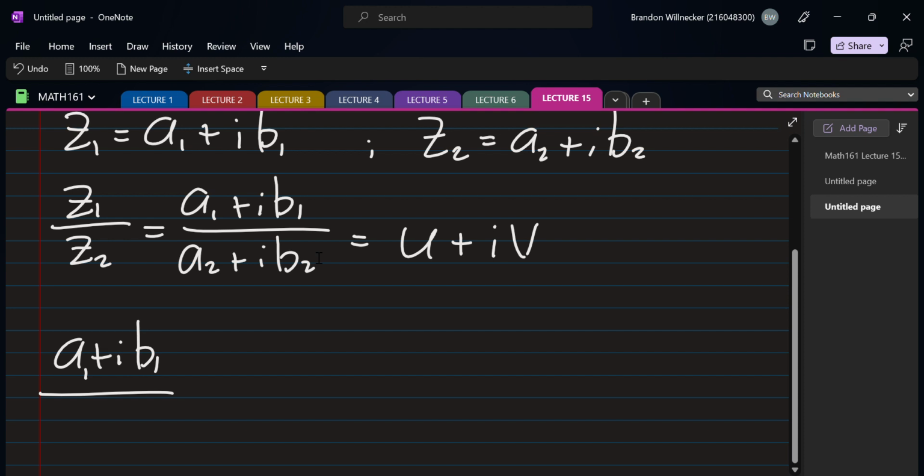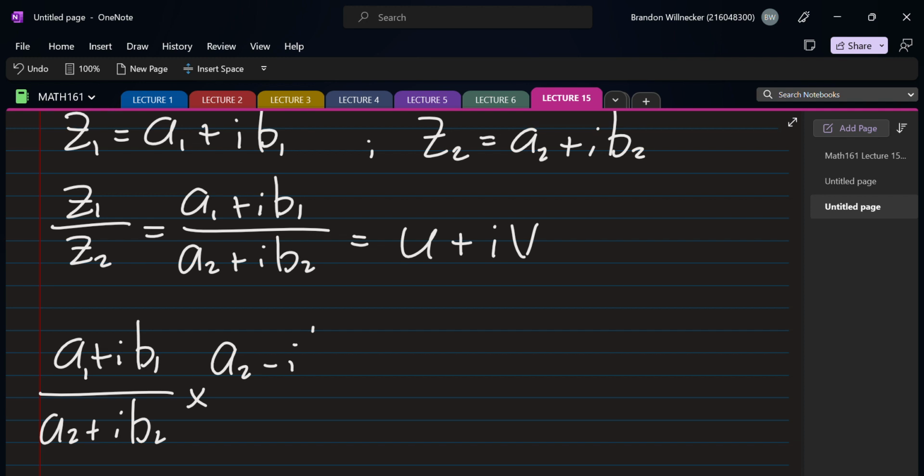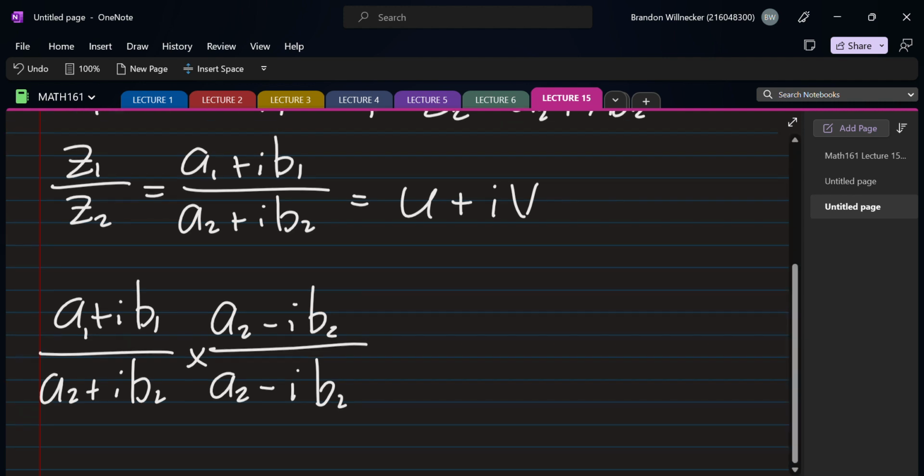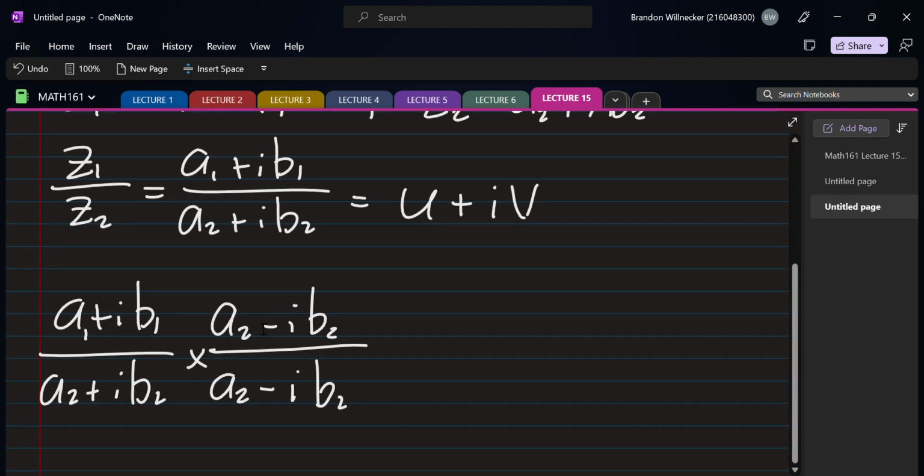So a1 plus i b1 over a2 plus i b2. We multiply by 1, but here we're going to write our 1 as a2 minus i b2 over a2 minus i b2.